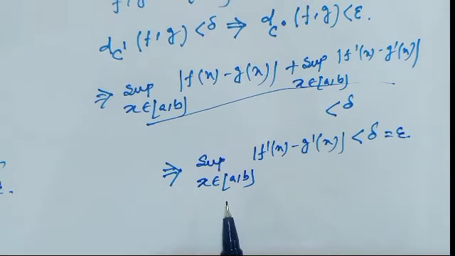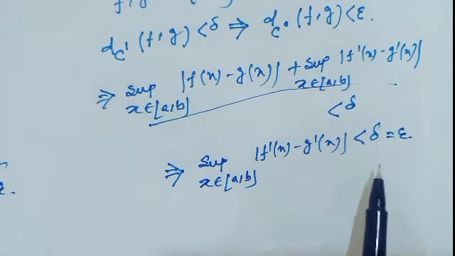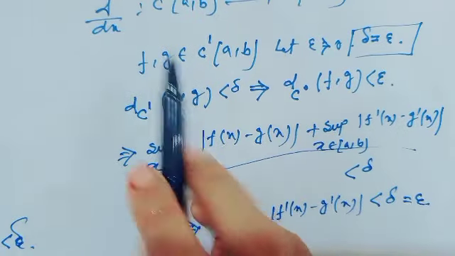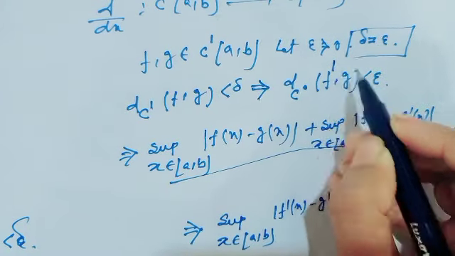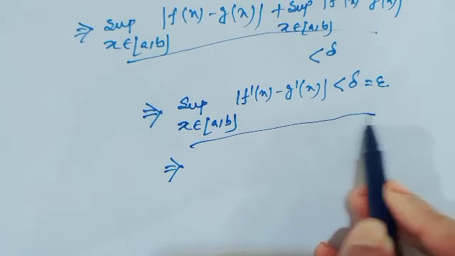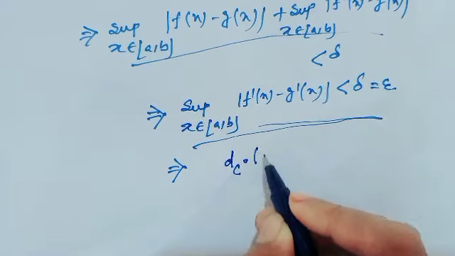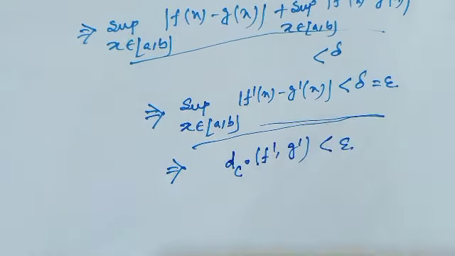Therefore supremum over x in [a,b] of |f'(x) minus g'(x)| is less than delta, which is equal to epsilon. Since here it is the differential operator, we have to prove D_C0(f', g') less than epsilon. And from this expression we can tell D_C0(f', g') is less than epsilon.